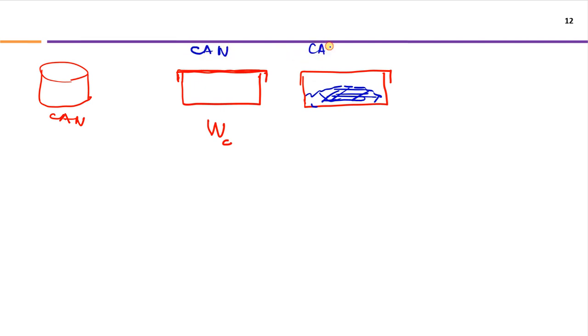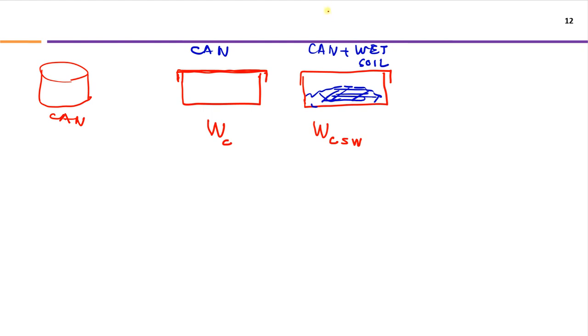This is can plus wet soil. Then we are going to place this can in the oven. Minimum is 24 hours. So if I look at the weight, let me call this weight as W, S and W. What is this S and W?